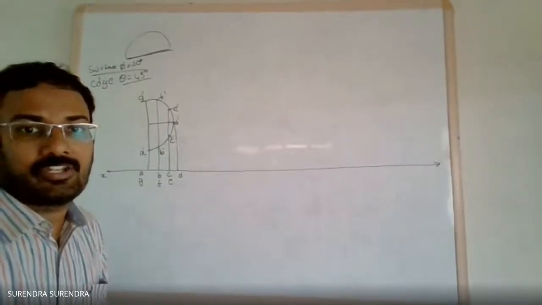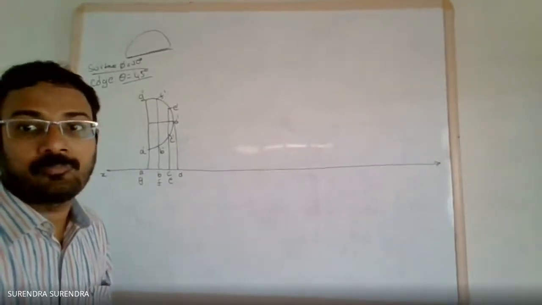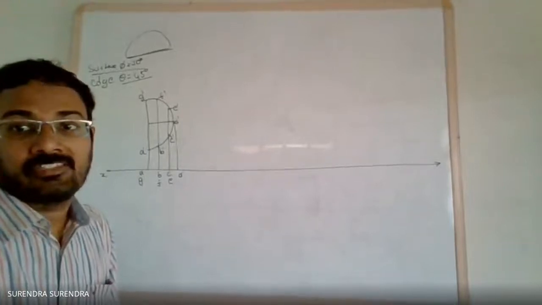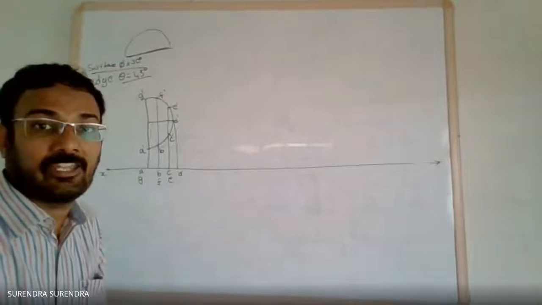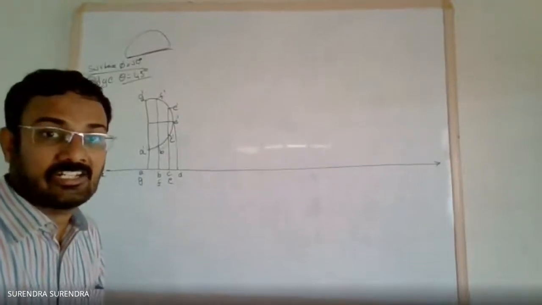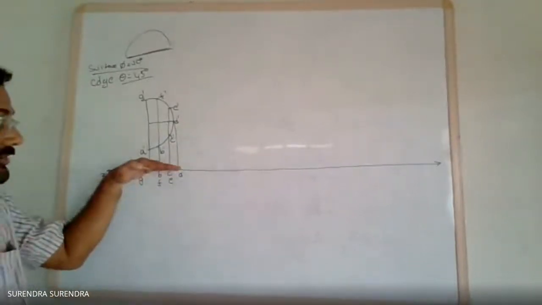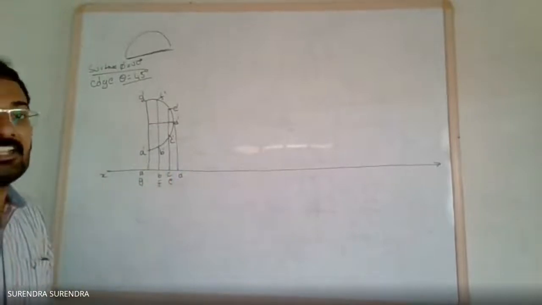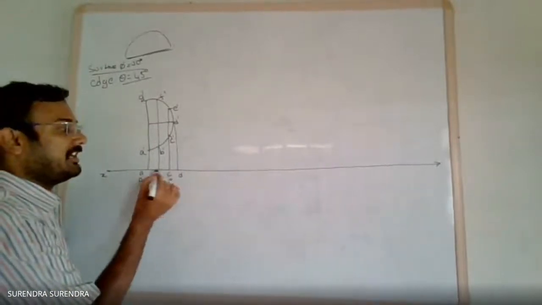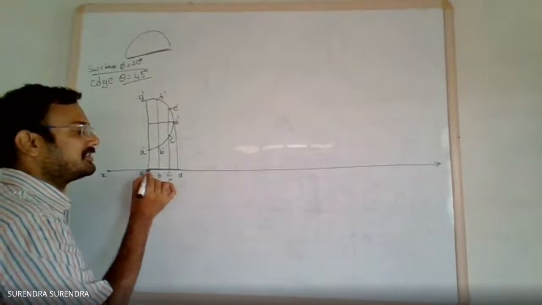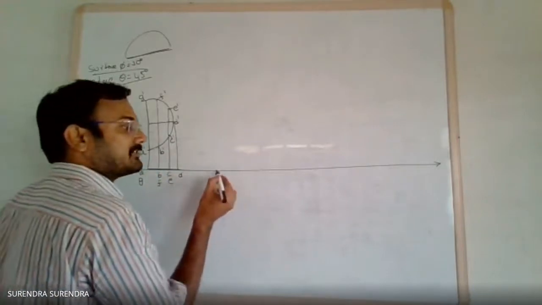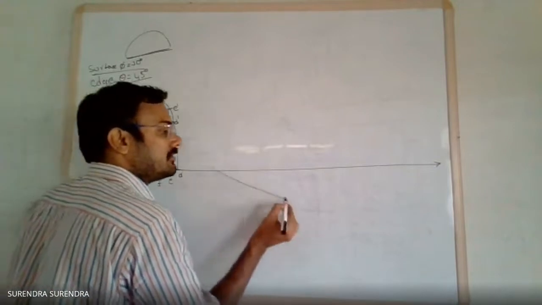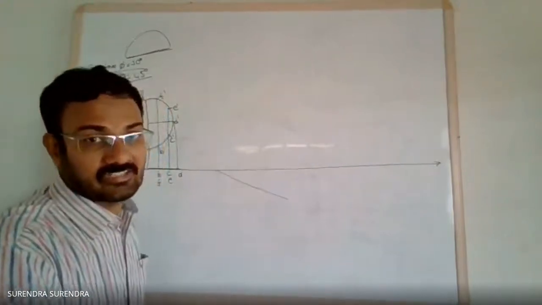Now, what is the condition given? The surface is inclined at 30 degrees to the vertical plane. So redraw the line AD with 30 degrees inclination. Draw a line inclined at 30 degrees to the XY line.